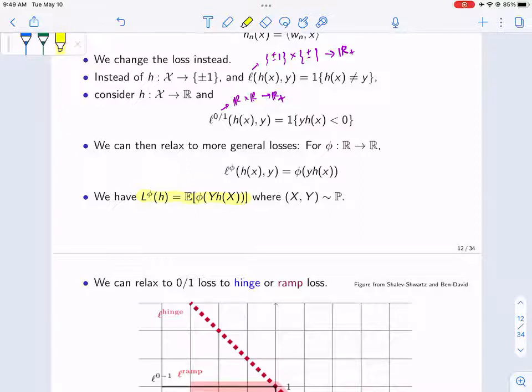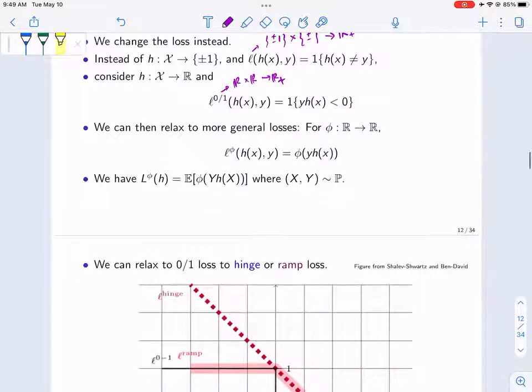And just again, for the abuse that we're going to do later, usually I will have h_w(x) is w^T x. And so instead of writing L phi of h_w(x) and y, we first write it as L phi of h_w and z, where z is x and y.